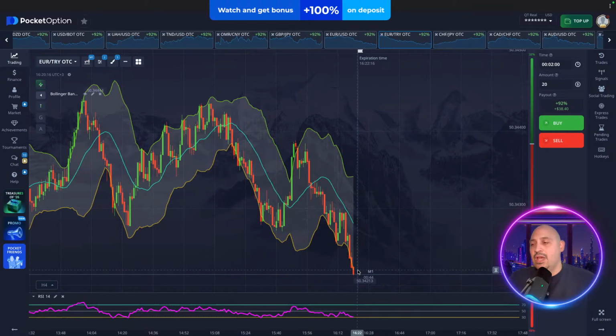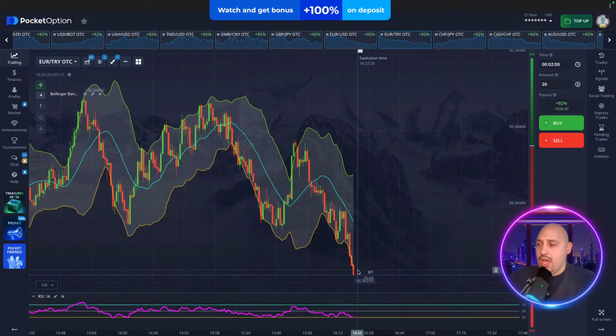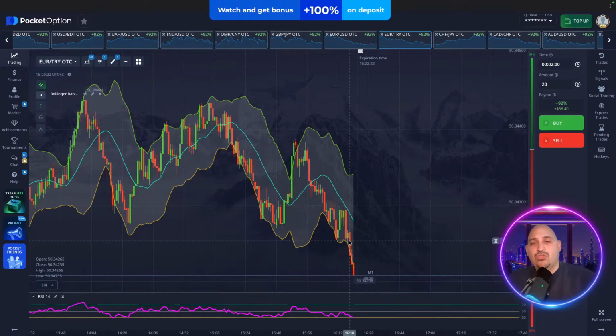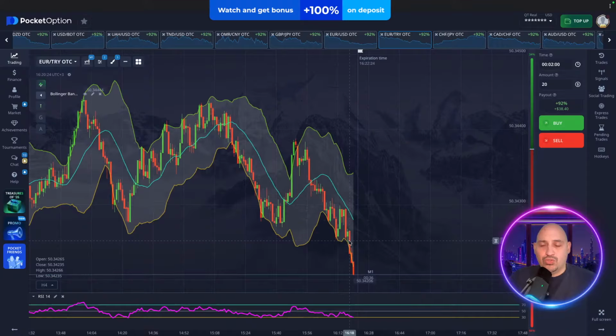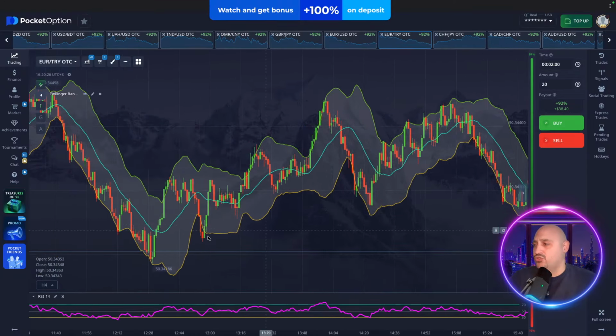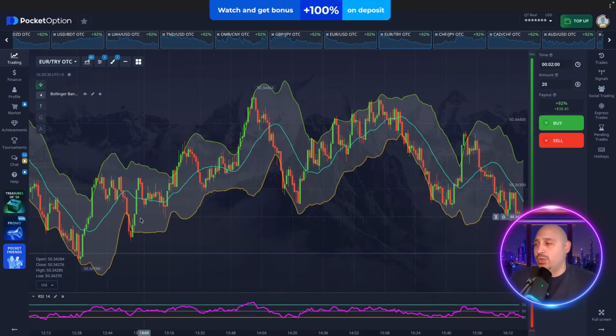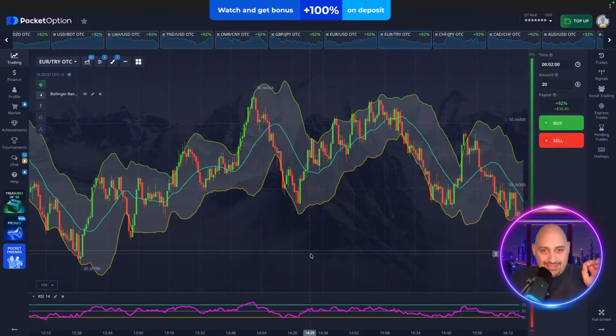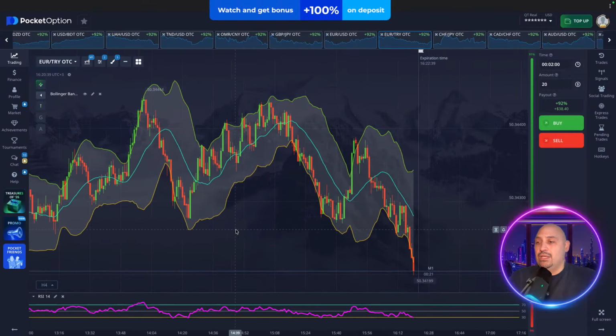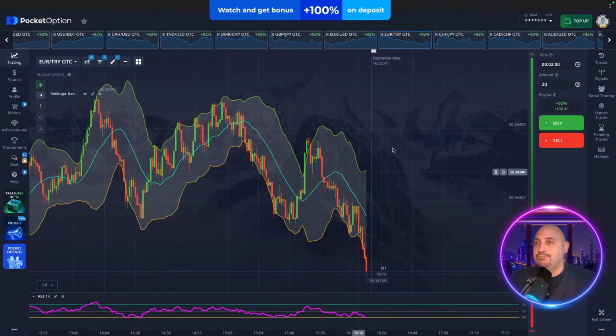When this happens, don't try to catch, let's say, a falling knife, because you won't know exactly when the reversal is going to happen unless you see a very strong support line, with price testing that specific support multiple times and bouncing again.